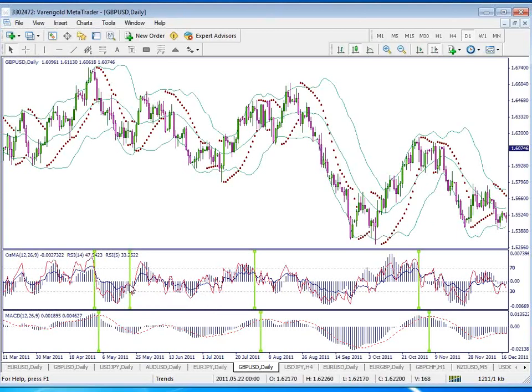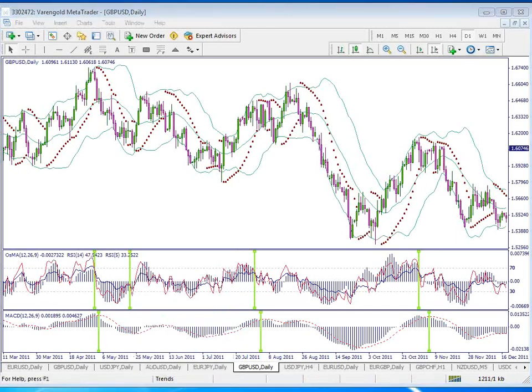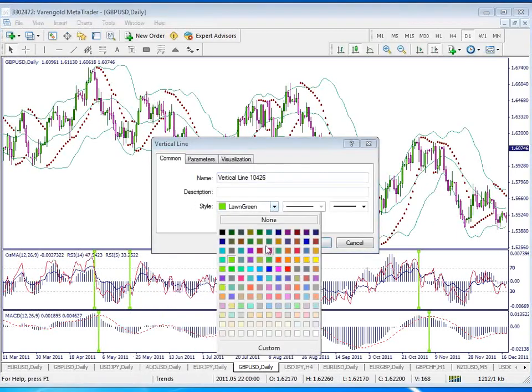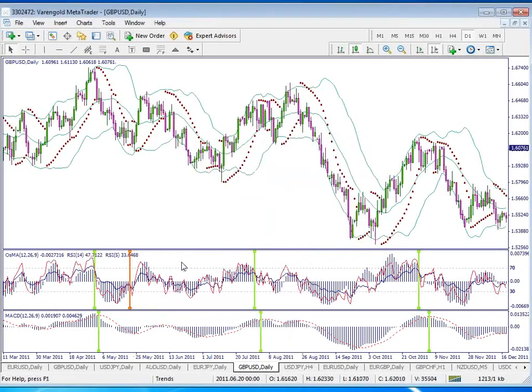So here we have the opposite signal. Also, we have confirmation from MACD.